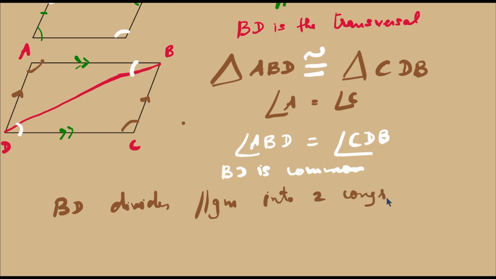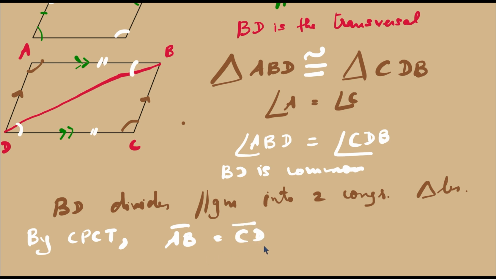And why was this useful? This is useful because by CPCT, or by corresponding parts of congruent triangles, we can establish that this side and this side, AB, is equal to CD. The lengths of AB and CD are equal to one another.